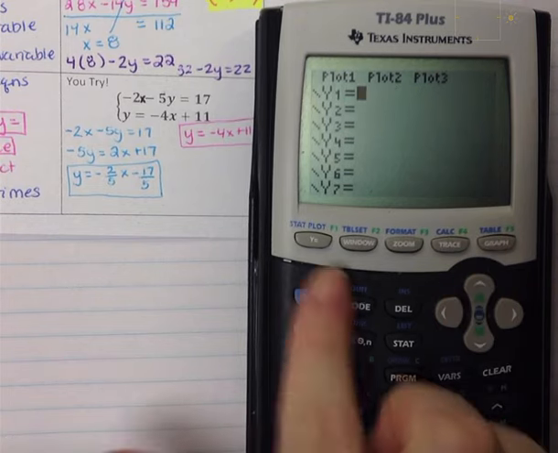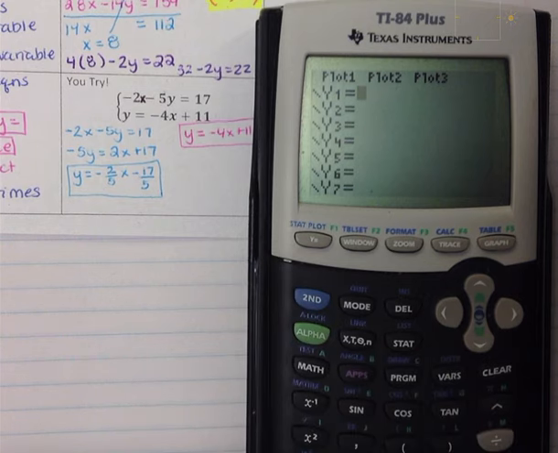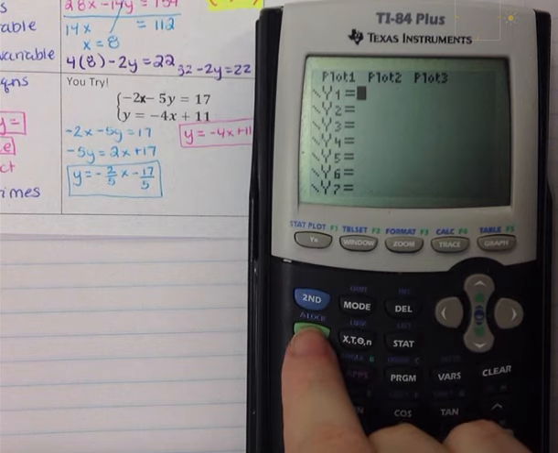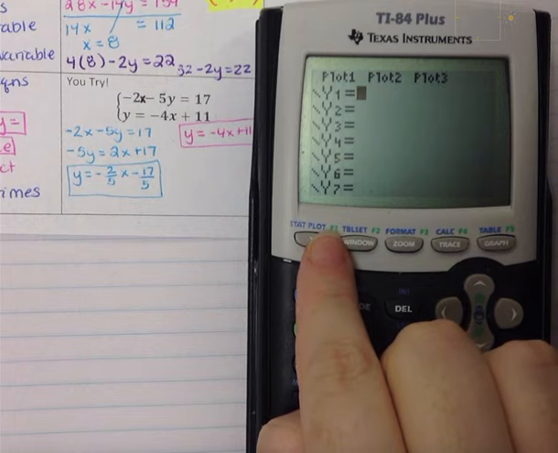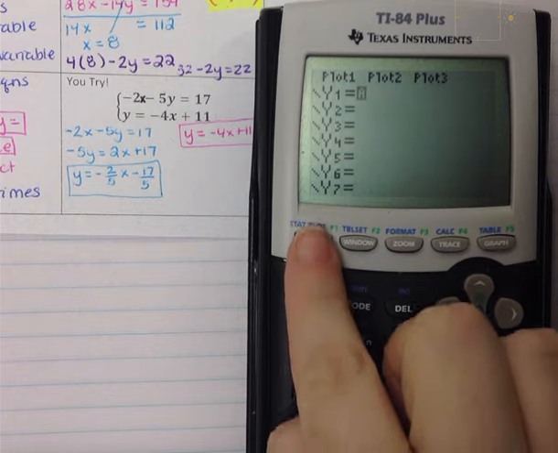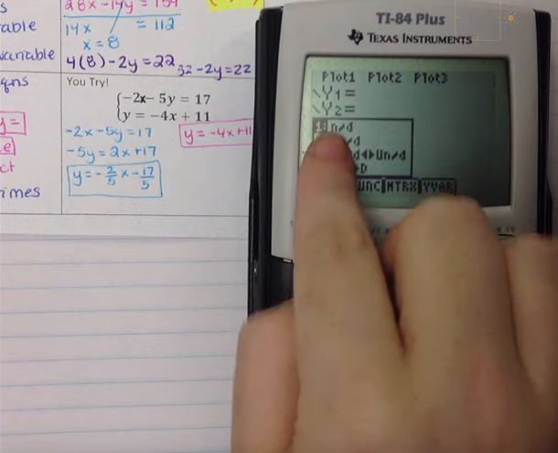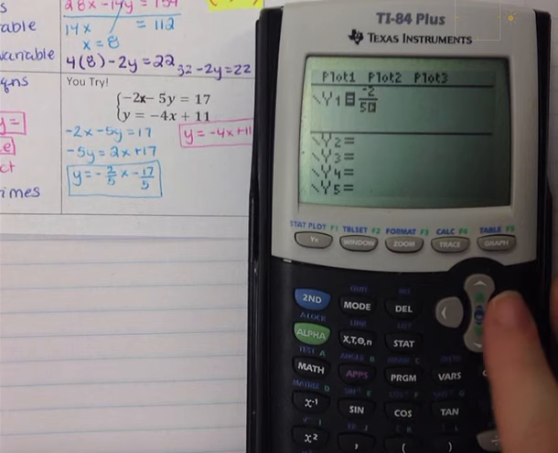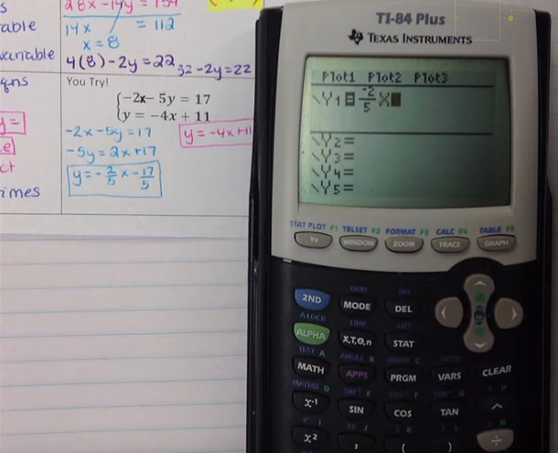So going back to y1, I'm going to type in negative 2/5. Some calculators will have the software that if you press alpha, y equals, so it's the green button and then the F1, alpha, y equals, you can actually type it in as a fraction. So I can type in that negative 2, and then the denominator is 5, but I do need to make sure my x is on the outside.